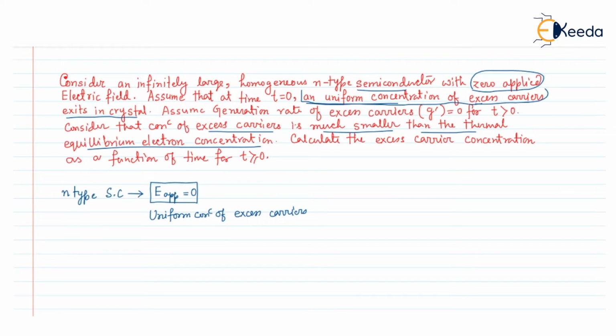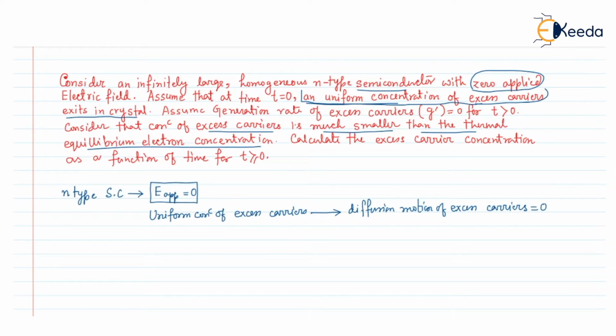Since there is a uniform concentration of excess carriers, we can say that the diffusion motion of excess carriers will be equal to 0.